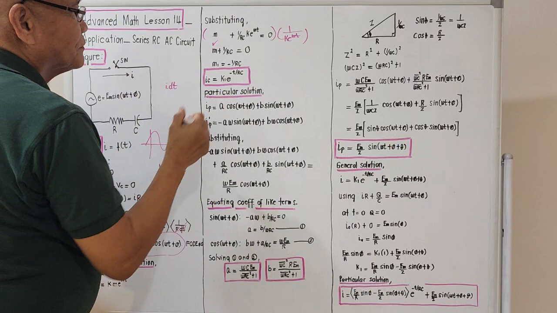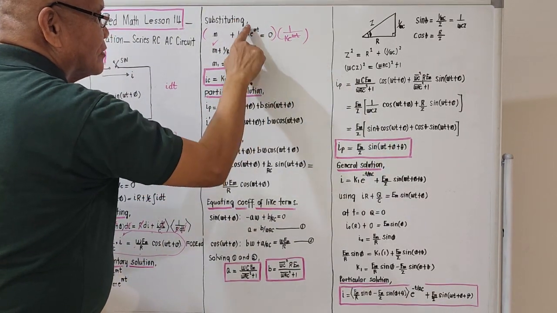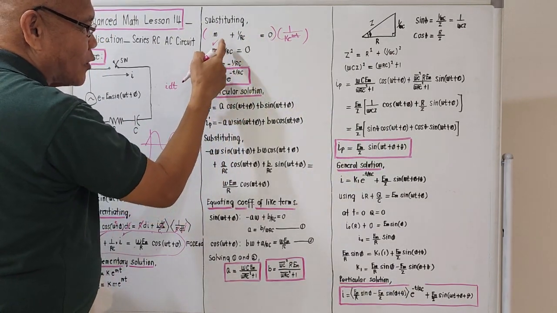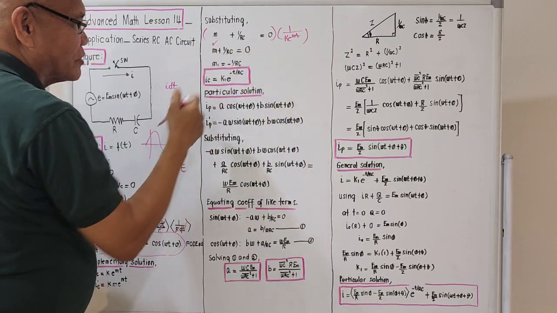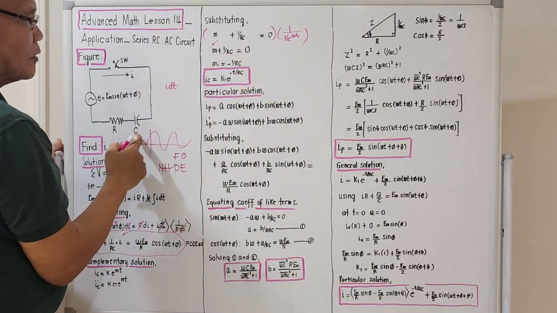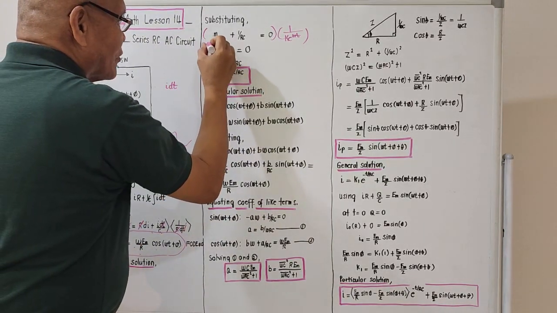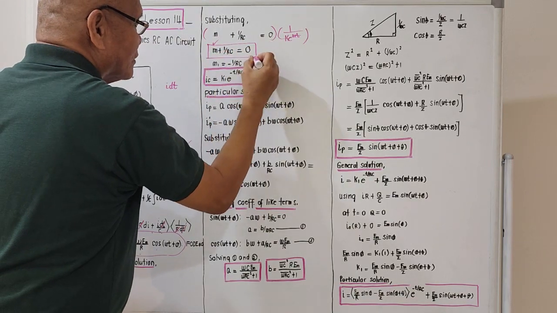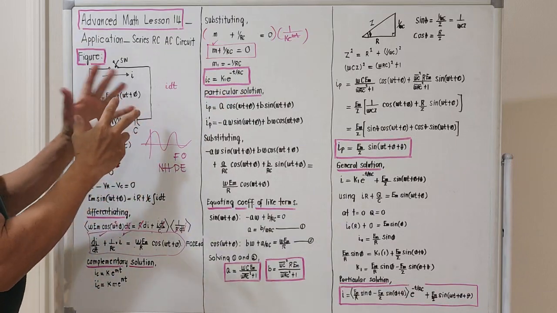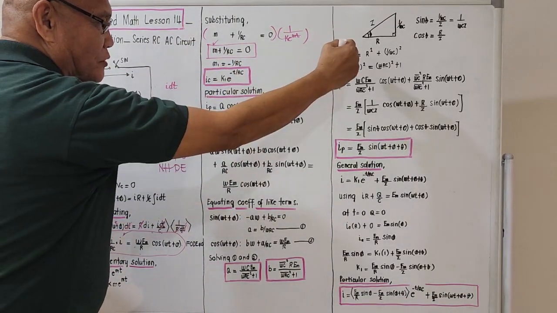For the second part, 1 over RC times k e to the mt times this total thing will disappear, so what remains will be simply plus 1 over RC, and this should be equal to 0. R is the resistance, and C is the capacitance of the capacitor. So luckily, we are now given a linear equation. It's not even quadratic. Equating its factor to 0 and simplifying, m1 will be equal to negative 1 over RC. That is after the transposition.